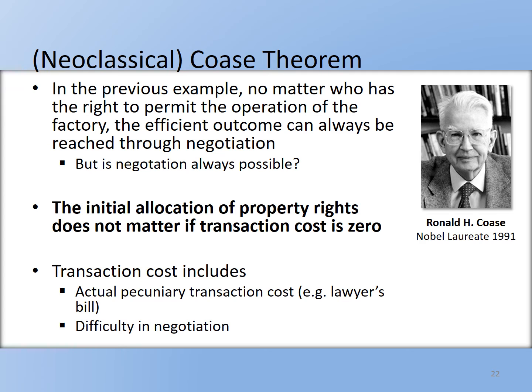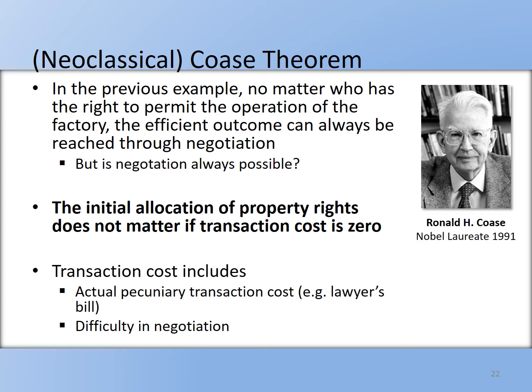So the Coase theorem is more like a hypothetical ideal case. In this fairyland where there's no cost in negotiation, and all of us can costlessly communicate, the efficient outcome will always occur. We can always talk it out.